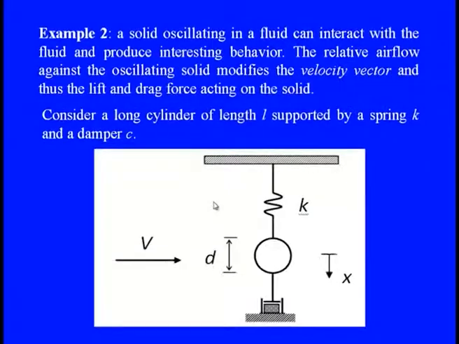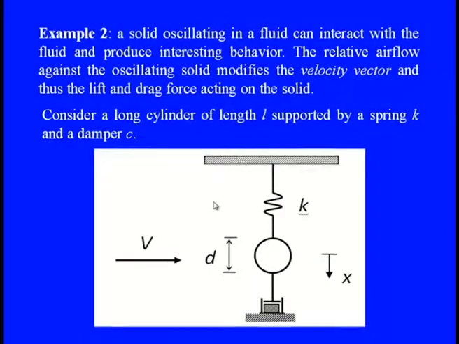If you are going towards another example, we have a solid oscillating in a fluid that can interact with the fluid and produce interesting behavior. We can see the relative aerofoil motion against the oscillating solid body's motion, and we can say that the velocity vector can be simply brought down there itself.